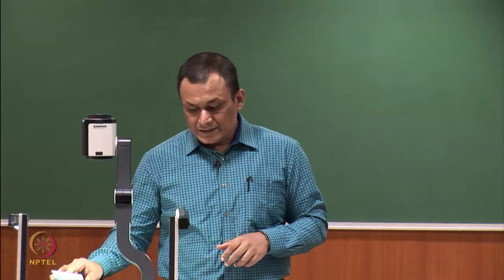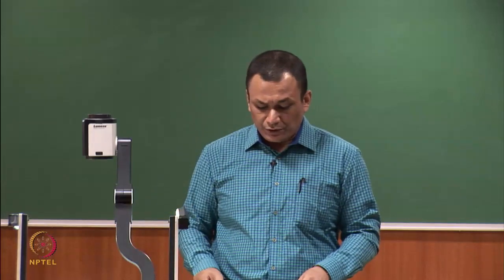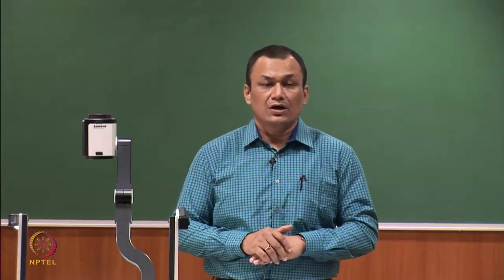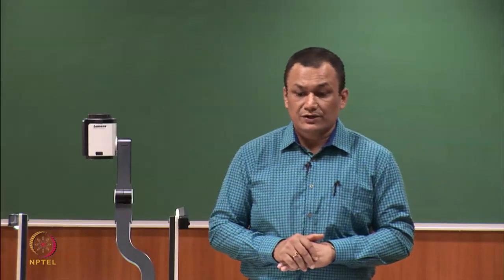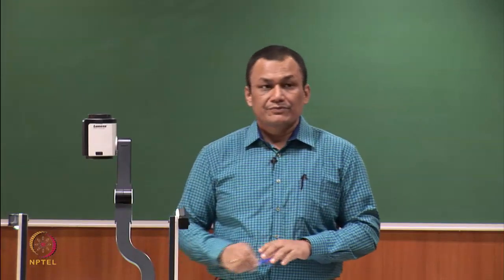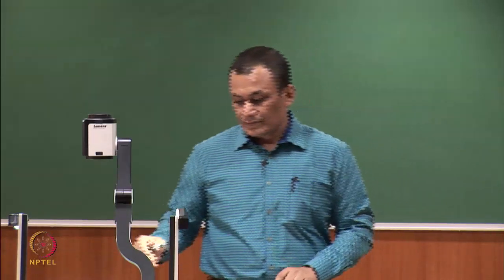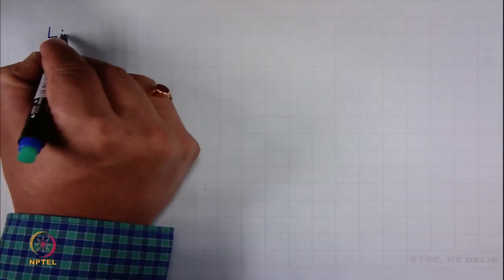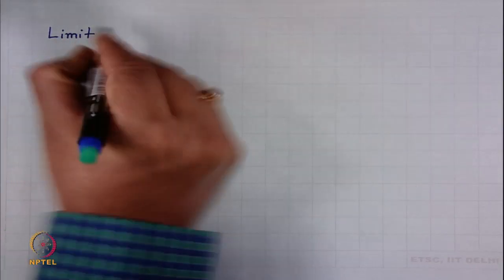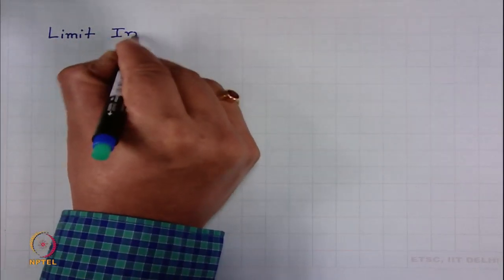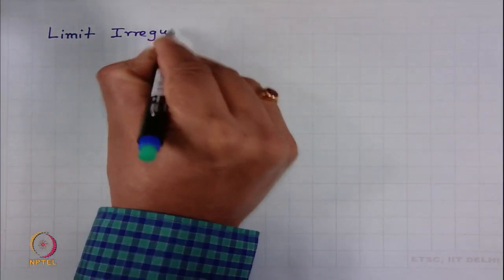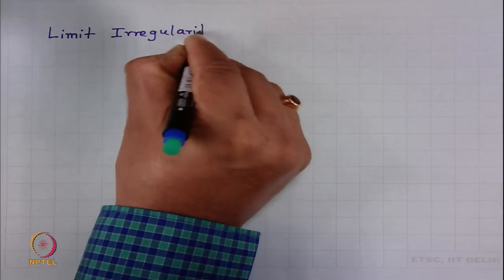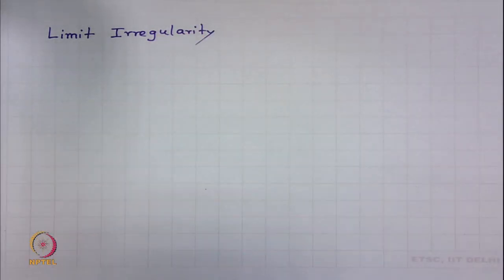Now, we will discuss a few important attributes of mass irregularity of sliver. The first of it is limit irregularity. There exists a concept of limit irregularity.